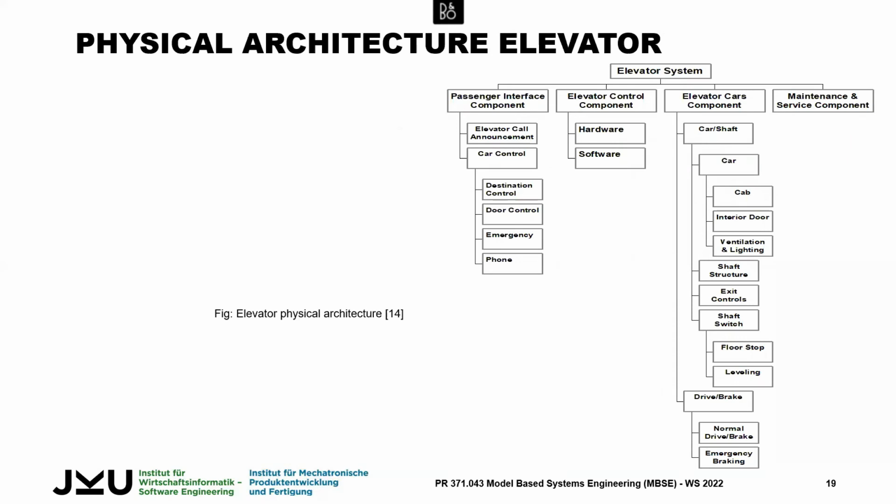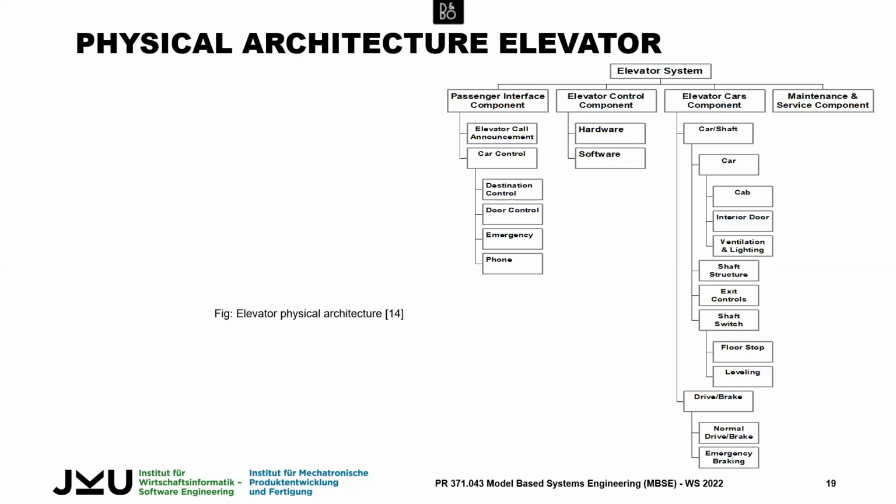Before going to the evaluation, first we have to understand what a physical architecture could be. So here is a physical architecture of an elevator. You see the passenger interface compartment and its subcomponents, then elevator control components, where you need hardware and software, then the elevator cars compartment, where we normally get in.